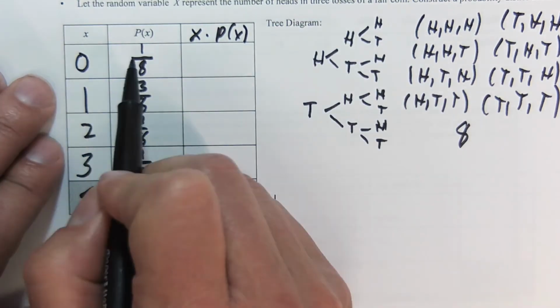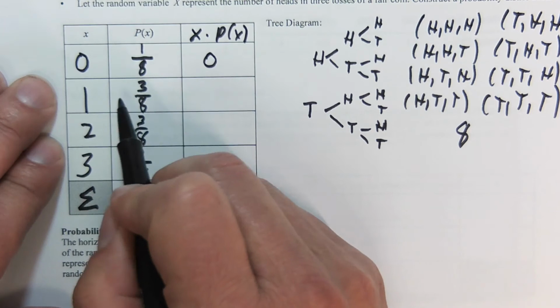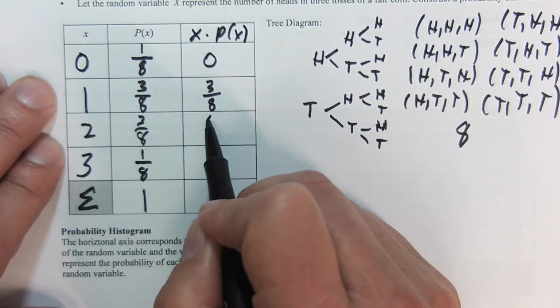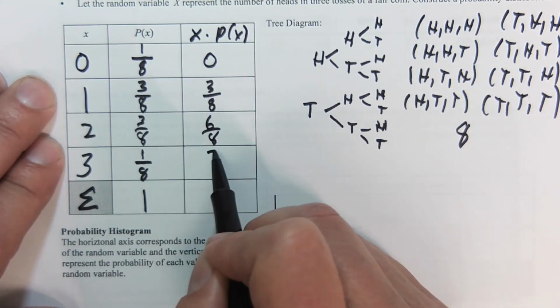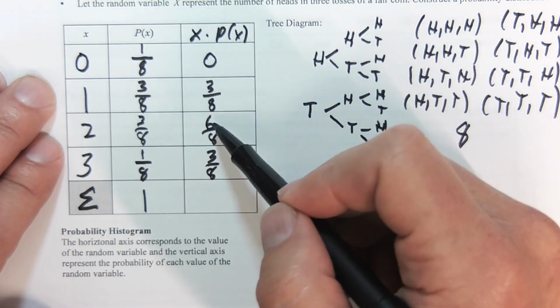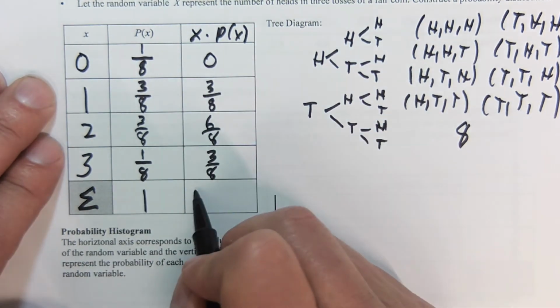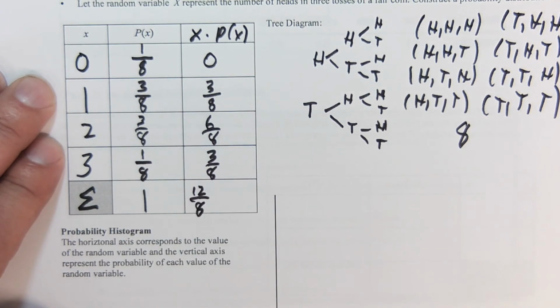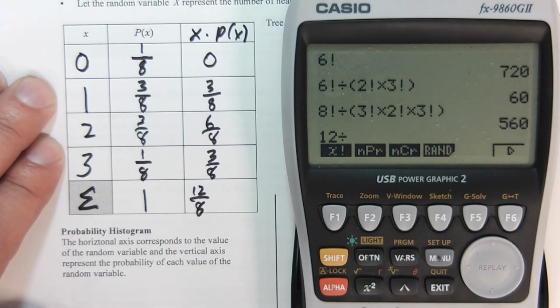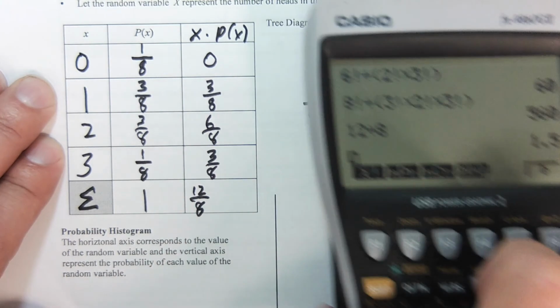So I'm going to multiply across. And when I add all those up, 3 plus 6 is 9, 9 plus 3 is 12, 12 over 8, 12 divided by 8, I get 1.5.